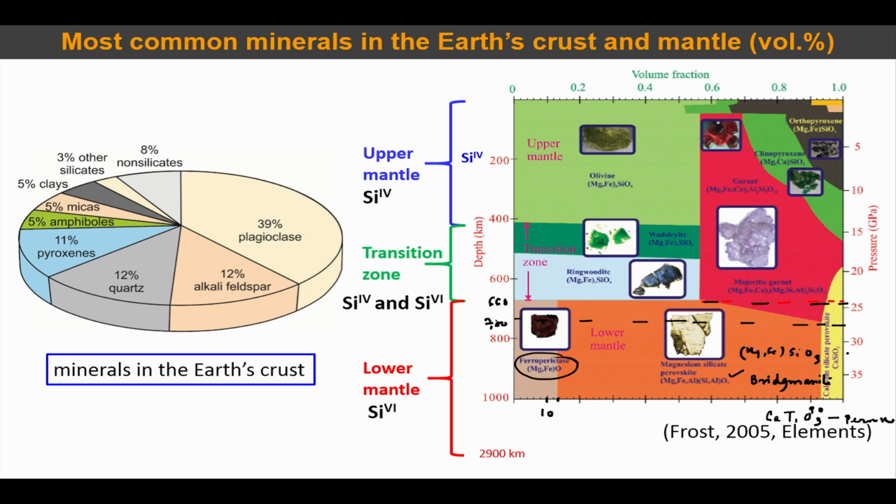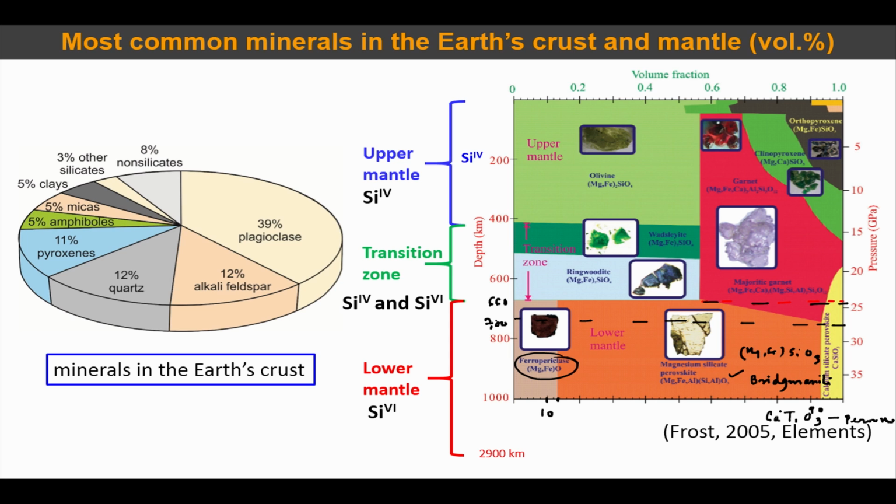When you go a little bit deeper, below 700 kilometers, you will find that majorite is not stable, and the lower part of the mantle is mostly made up of bridgmanite, which is 80%, then 12% ferropericlase, and then 5% calcium perovskite.